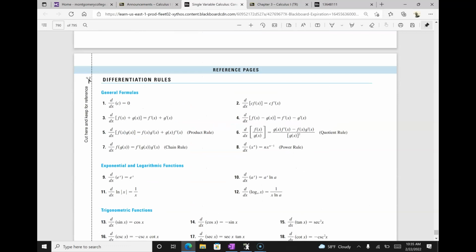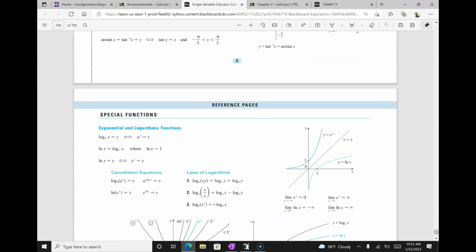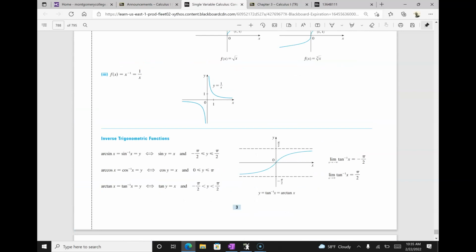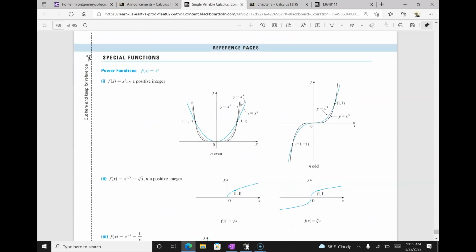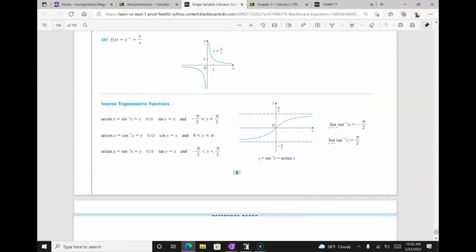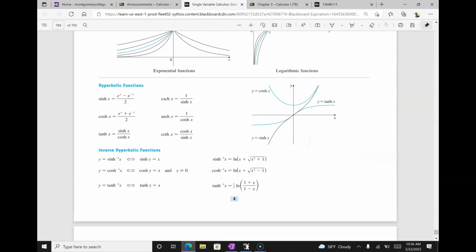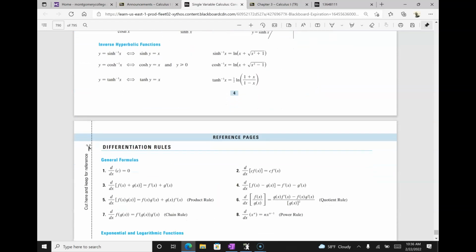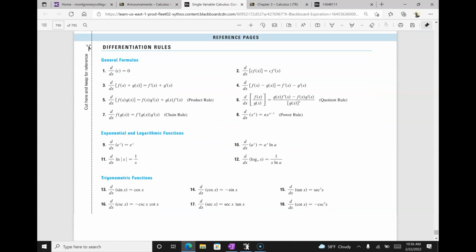We start chapter 5 in Calc 1, we finish it in Calc 2, and that's all these integrals. And then, wait, where are our derivatives? Sorry, I passed it. Yeah, general derivatives. So yeah, page 5, right?